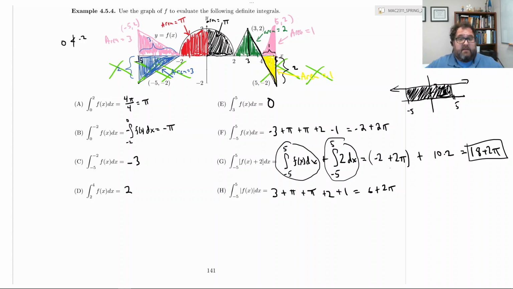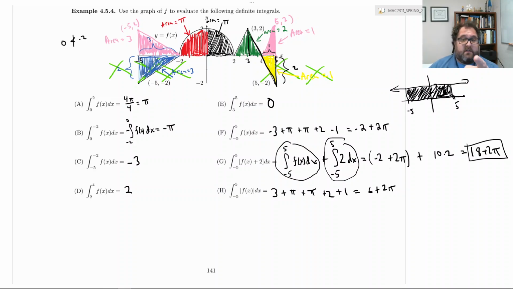And the key is area equals definite integral if the region's at or above the x-axis, like the red region or the black region or the green region. But if the region is not at or above the x-axis, then the definite integral equals the opposite of area.